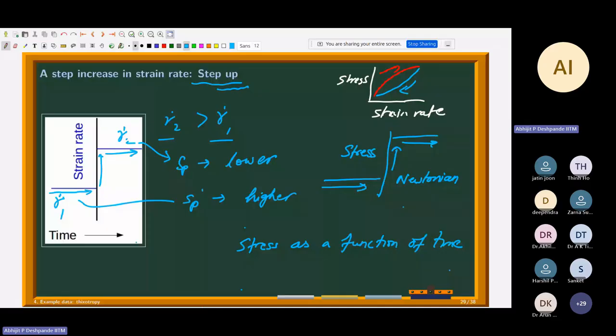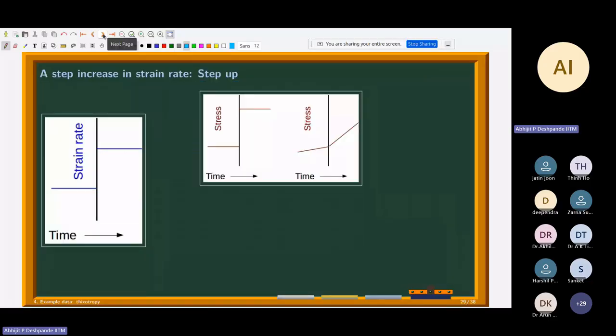What about for a viscoelastic material? As we discussed, if you have a strain rate changing from a low value to a very high value, for a Newtonian fluid we will see again a step change. If it's a solid material with perfect Hookean elasticity, then because the strain rate is constant, strain will continue to increase.